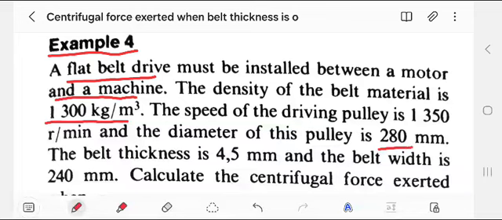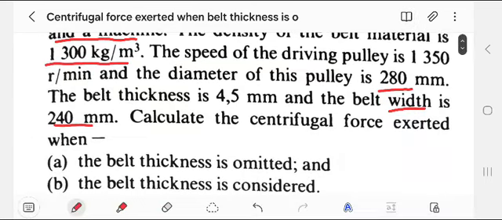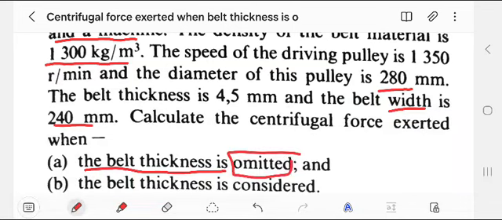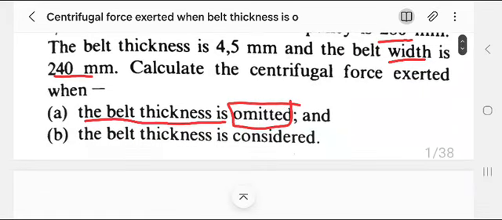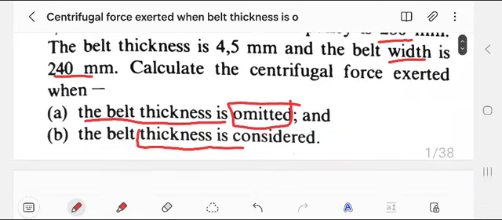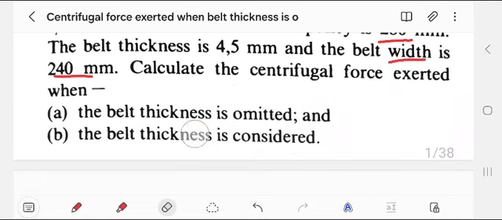The belt thickness is 4.5 millimeter, and the belt width is 240 millimeter. Calculate the centrifugal force exerted when the belt thickness is omitted, and when the belt thickness is considered. We want the centrifugal force, which is TC.